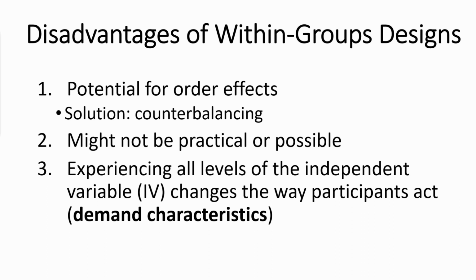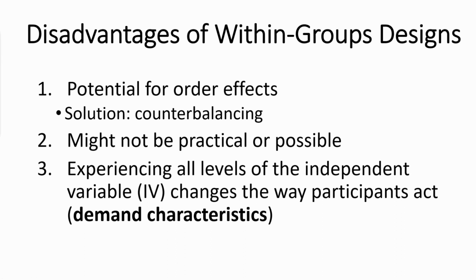Once a child has learned to ride a bike, they know how to ride a bike. So you can't really use this method for that. Once that teaching method has occurred, your participants are permanently changed. So if that exposure permanently changes your participants, it doesn't really make sense to use a within groups design.